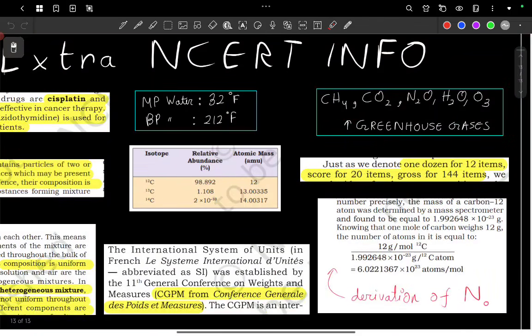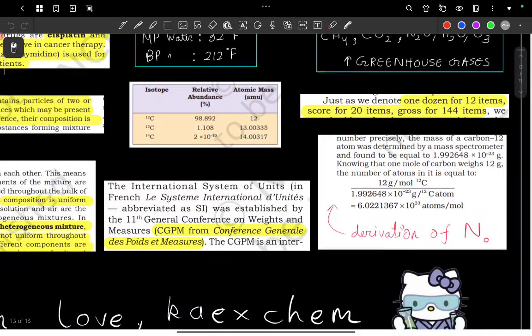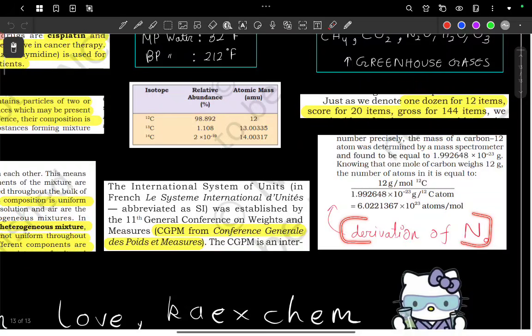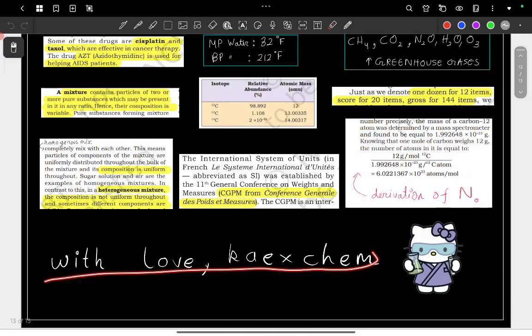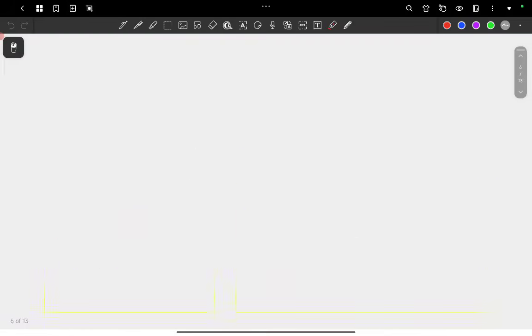We use 1 dozen for 12 items, score for 20 items, and gross for 144 items. And this is how the Avogadro number was derived. Like I told you, 1 upon 12 times the mass of the carbon 12 atom. And that's it. We have revised the complete mole concept along with NCERT extra points in less than 30 minutes.